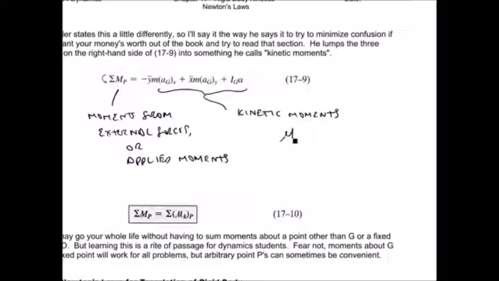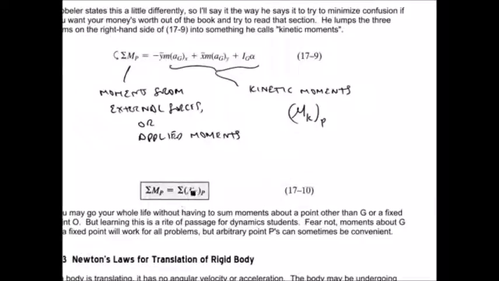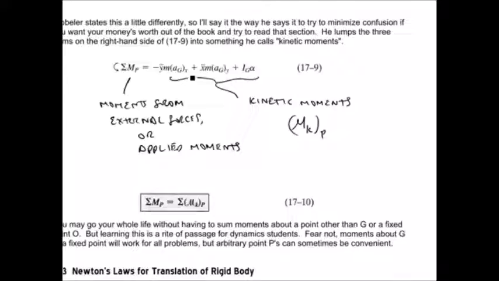He calls all three of those together kinetic moments. That's his term, I think. I haven't seen it in any other book, and he gives it a symbol, stylized M_k about P. So in his solutions, you'll see the sum of the moments about P equals the sum of the kinetic moments about P.